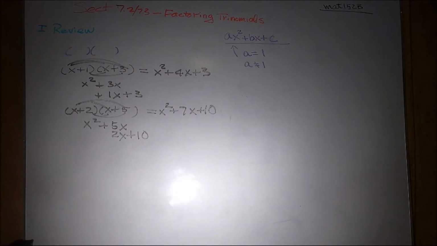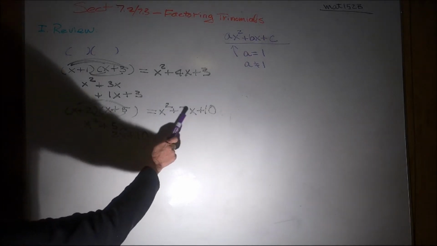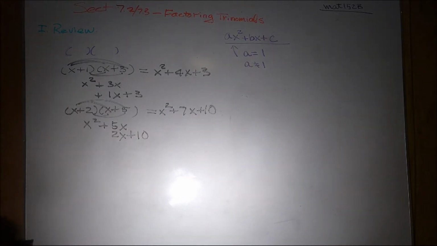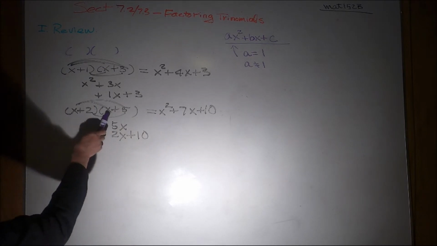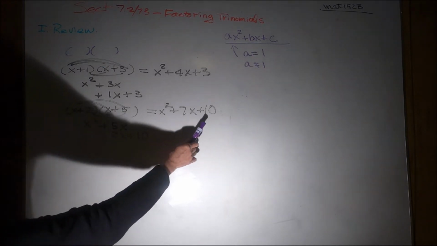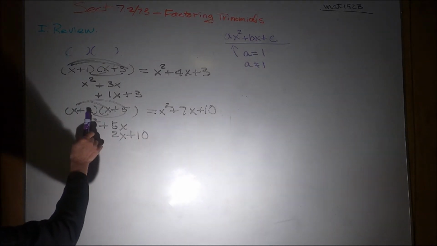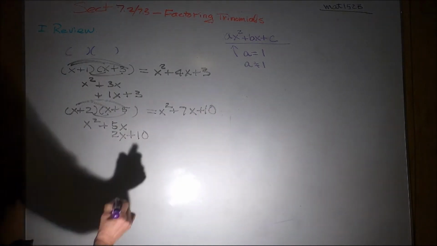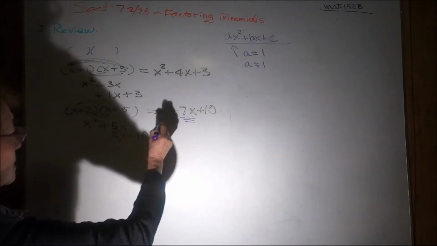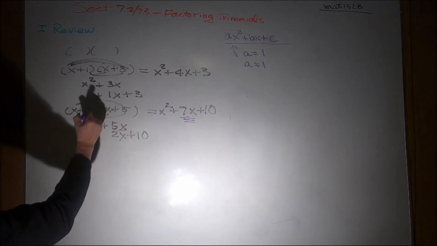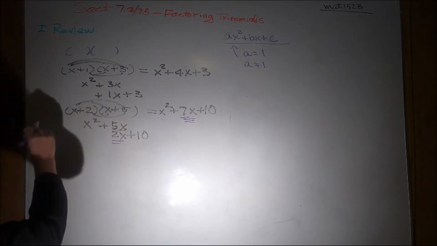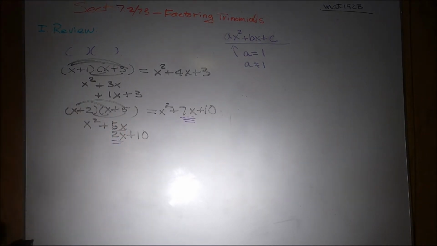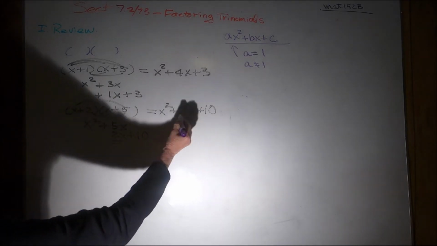Let's do the observation. Take a look. 3 terms, trinomial. The first one will be x times x. The last term will be your numbers, 2 times 5, 10. What happened to the middle one? You multiply each of 5 and 2 with the x, then combine them, you have 7x.